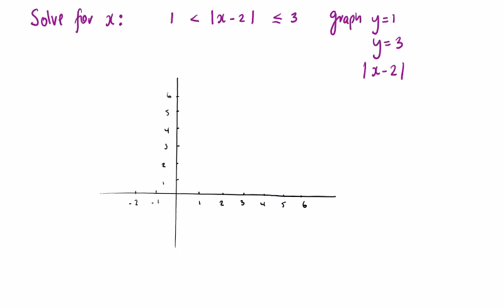Okay, so graphing y is equal to 1 and y is equal to 3 first, with a steady hand. Or a non-steady hand. It's a bit buckety. Do a better one than that. Better. Y is equal to 3.